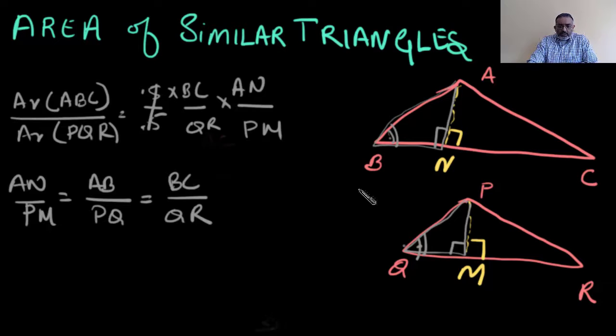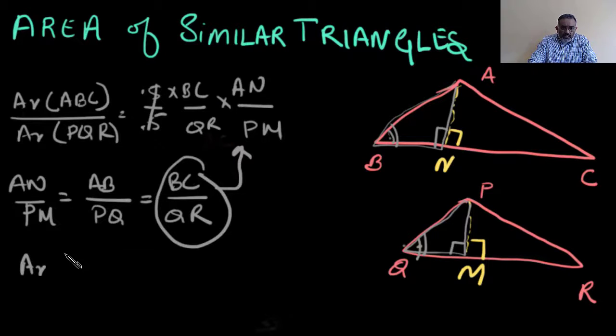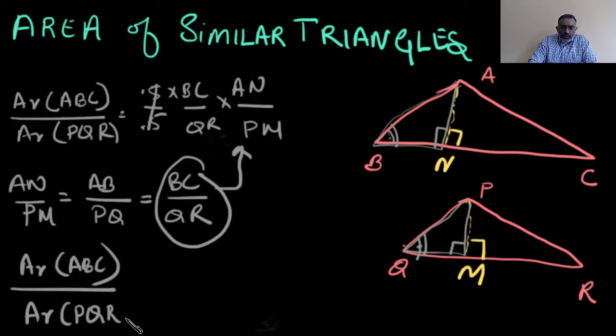This comes from the fact that the original larger triangles ABC and PQR are similar. Now we can just use this over here and we get the final form: area of ABC by area of PQR is equal to BC by QR squared.